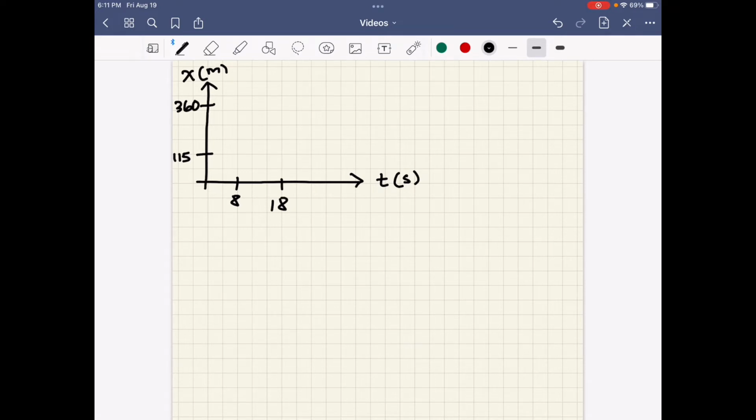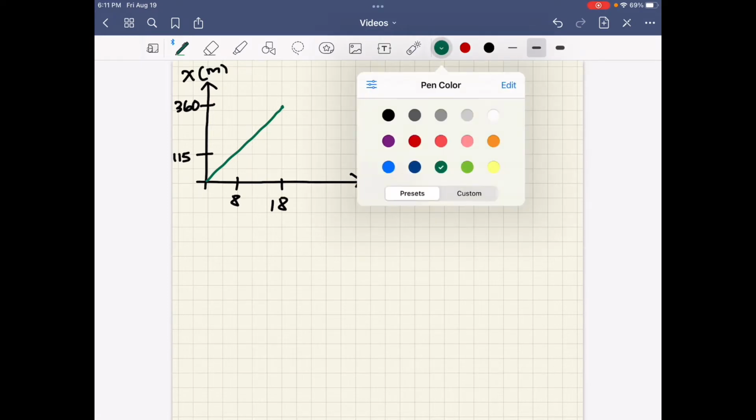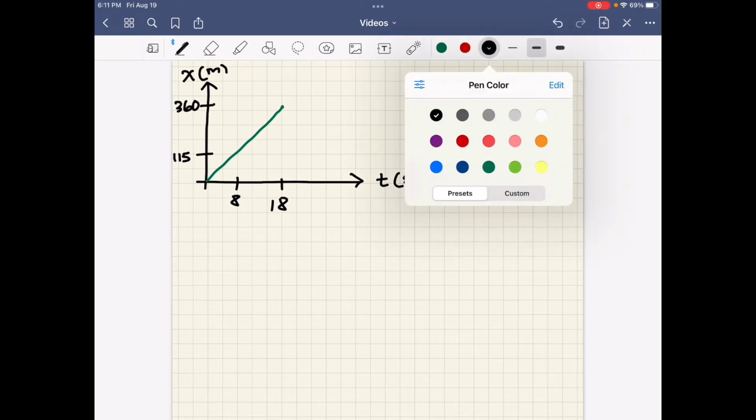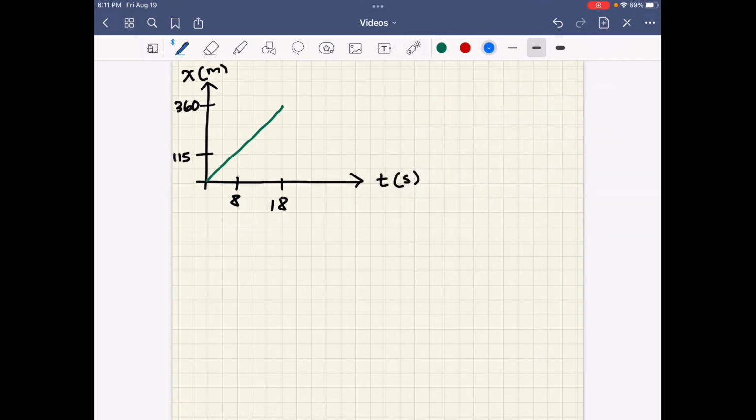So we know that the boat at 18 seconds was here, and there's just a straight line because he's going at constant velocity. Now the police, however, accelerated. For the first 8 seconds, the police was not doing anything, so from 0 to 8 he is at 0.